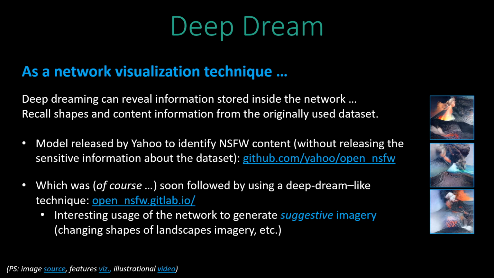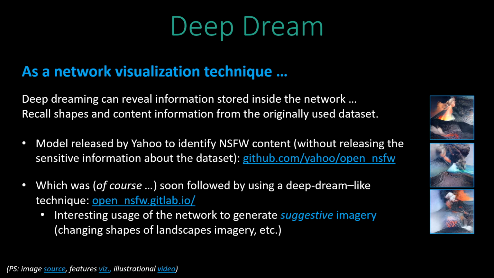But they did release the model itself. And of course, this was very soon followed by a deep dream-like technique. I will not open this one here, but you can look it up. It's revealing this principle.